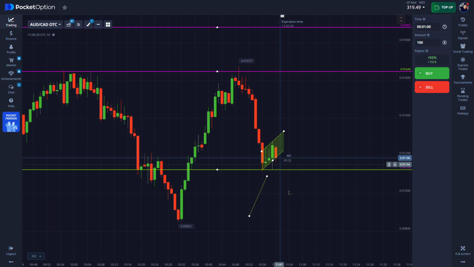There's some confirmation that sellers are picking up. You see impulse, correction, bringing the buyers, bringing the sellers to fuel the direction.